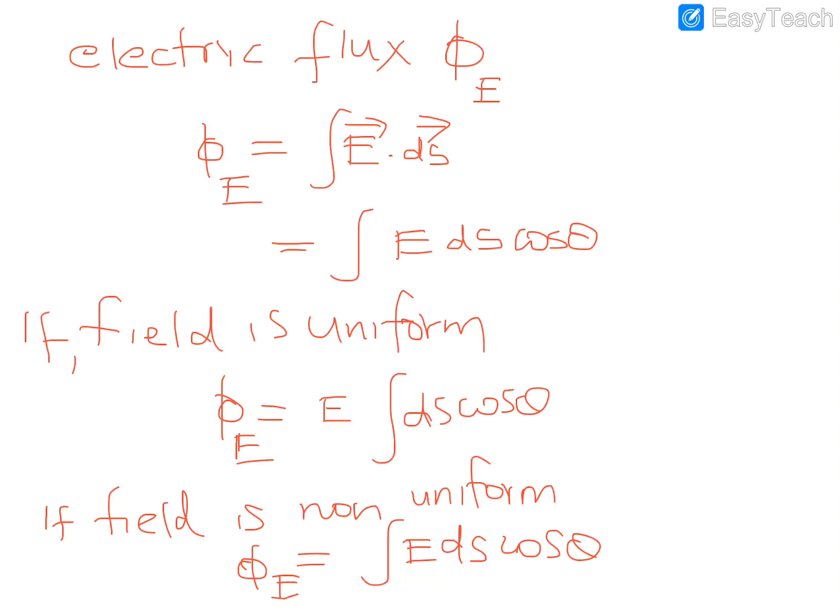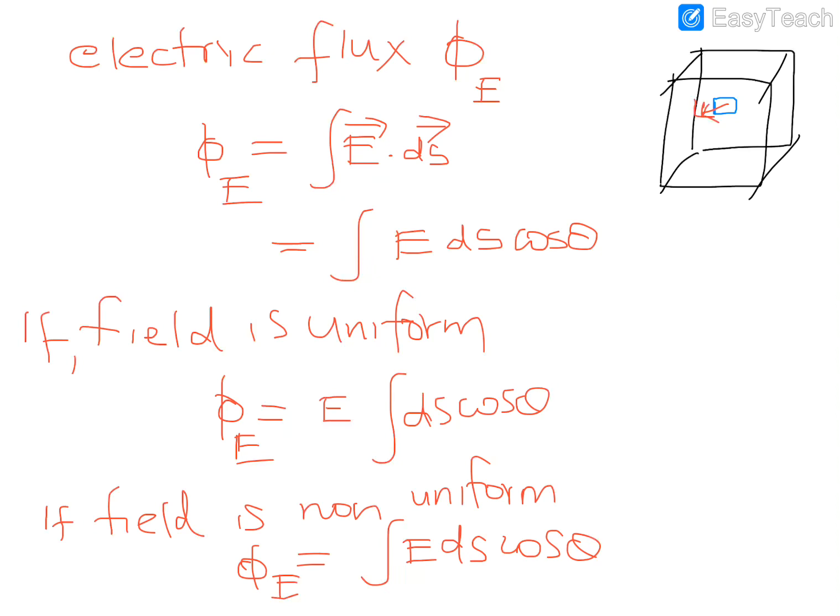Okay, so here the first thing you must know is why we are using integral E ds cos theta. The concept is that for any surface, let us consider a cubical surface, you can consider a very small area element on that cubical surface. For that, there will be an area vector pointing outward, sorry, not electric field vector, area vector.